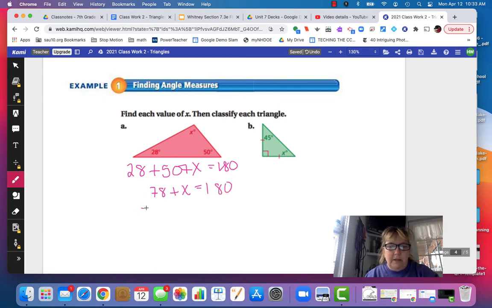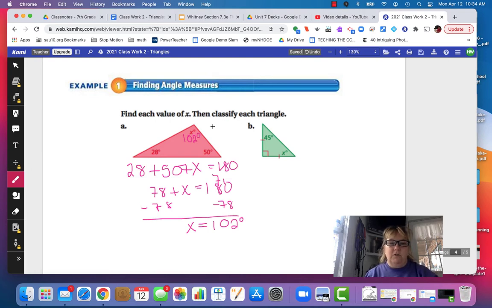I'm going to subtract 78 from both sides, and I end up with x is equal to 102 degrees. So the angle measurement of this angle is 102 degrees.